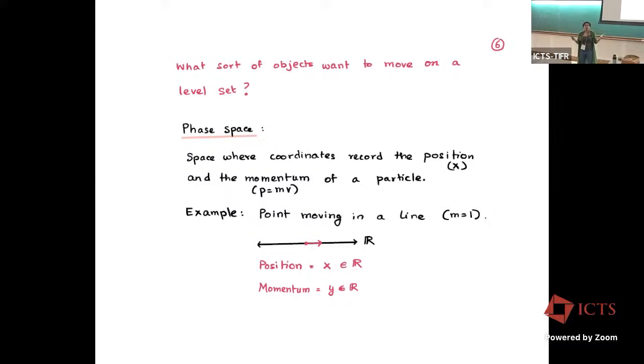So again, it is one more real number. A one-dimensional vector is a real number. So position and momentum together, the phase space is R cross R, which is R2. So the phase space for a point moving on a line is R2. Clear?